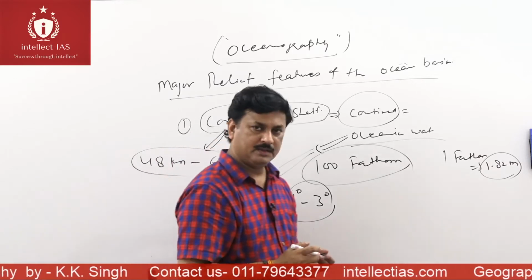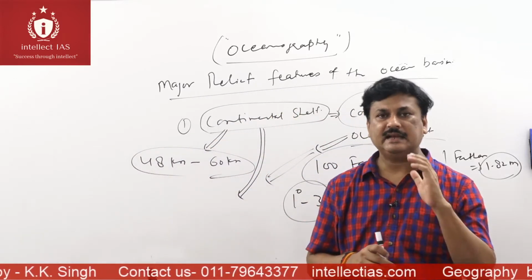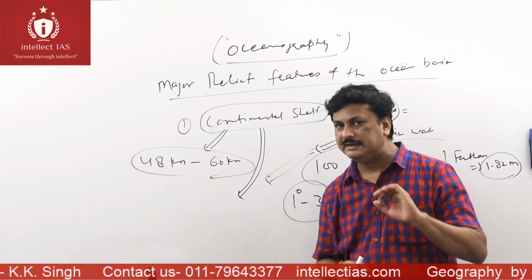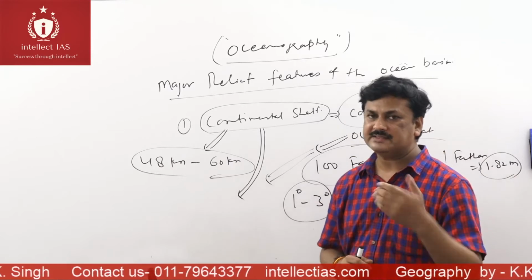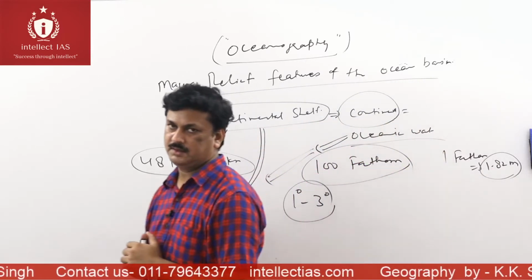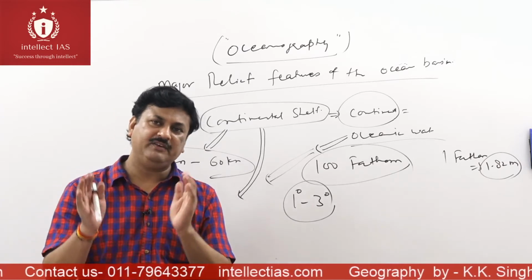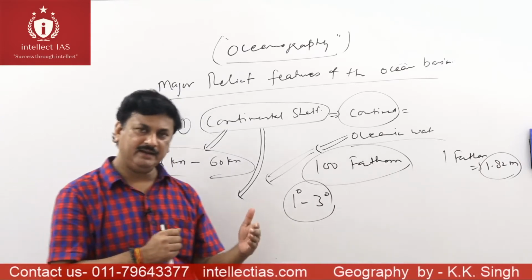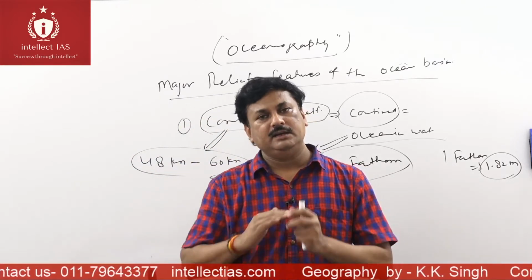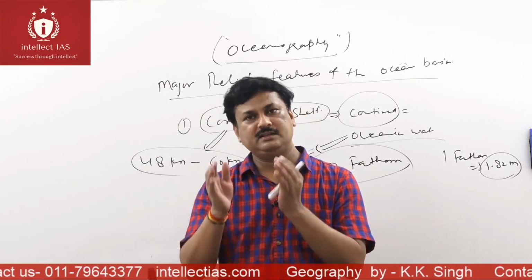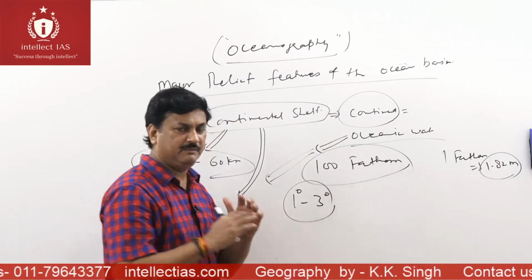If the coastal area has mountains or plateau, in that case the width will be less. On the other hand, if the coastal area has plain, then the width will be very large, the width will be more.